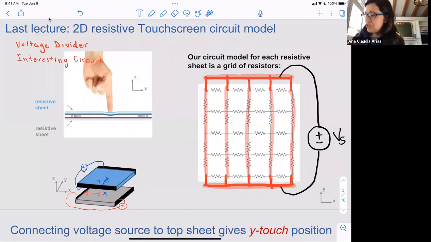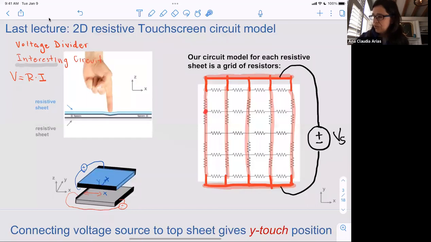If the voltage equals 0 across a resistor, we know that in a resistor, voltage is the resistance times current. So if we have no difference in potential, voltage is 0, which means the current is 0. That's what Adam was saying there in the chat, that it didn't matter. That's why we called this circuit an interesting circuit, because it showed us that we could still measure the potential between these nodes here.